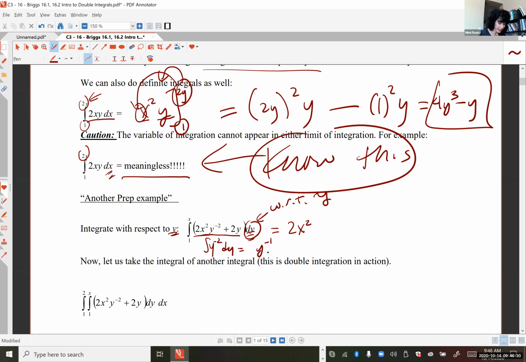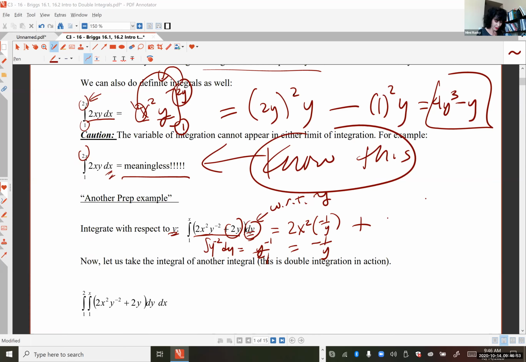But I believe that's y to the negative 1 over negative 1, and I like you to rewrite your stuff with positive exponents because it's nicer. And so you're going to have negative 1 over y, so that's going to be right there, and then plus, and then when you integrate 2y with respect to y, it's super easy. What is it? Y squared.